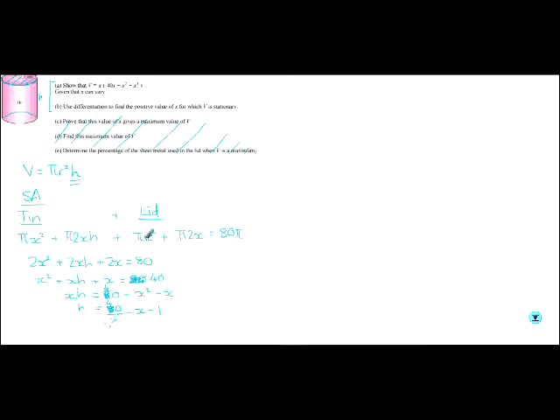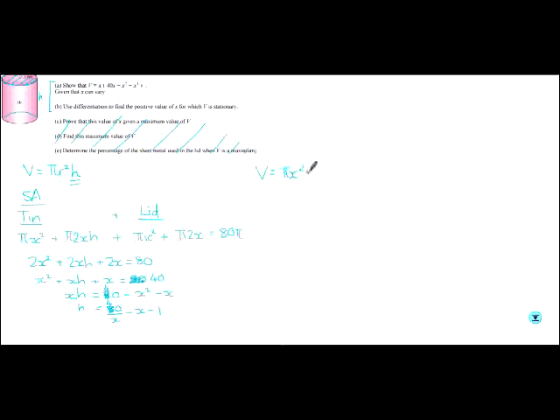Okay, so here we go. Now we can hopefully put this expression in for h, and it gives us our answer. So volume equals pi r squared. Now again, r is not in here, so they're using this x, so let's change that for an x.